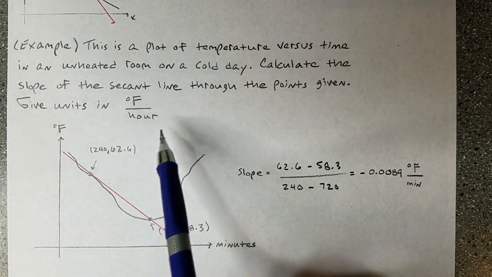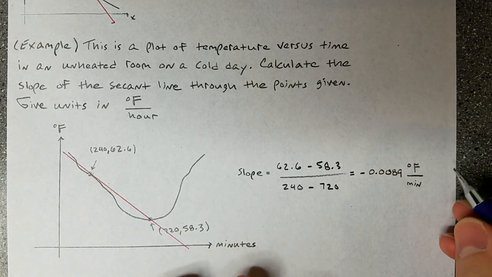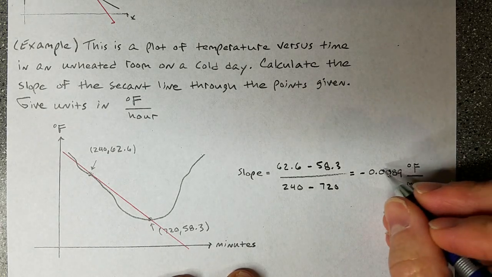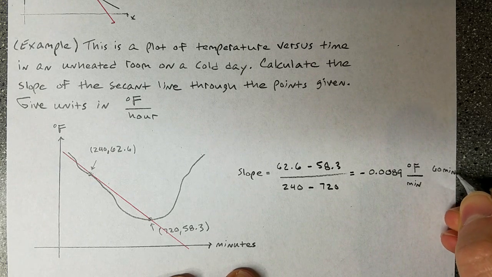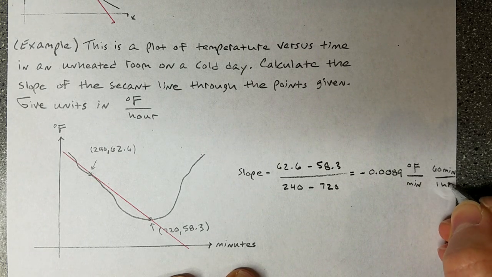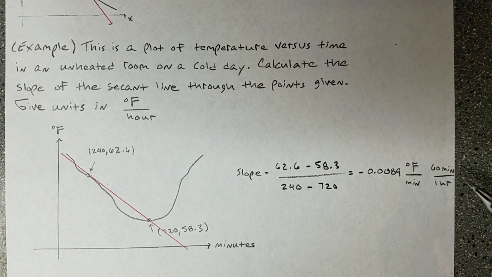But it says give my units in degrees Fahrenheit per hour. I'd have to do something like this to convert it. I need to take 60 minutes per 1 hour. I need to multiply this by a factor of 60 to get it in degrees Fahrenheit per hour. Cancel out the minutes.